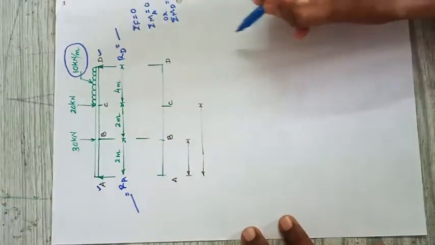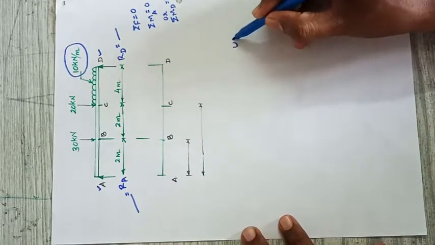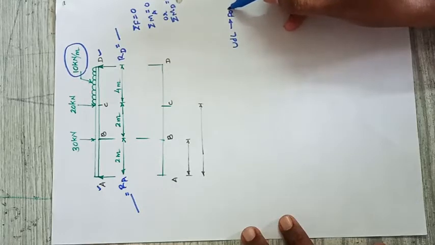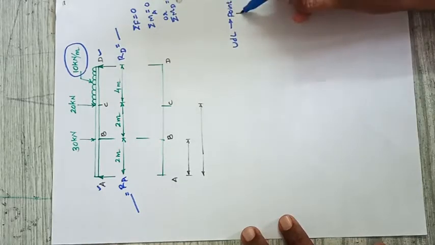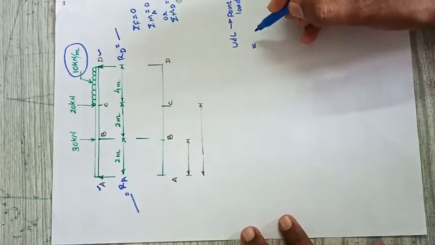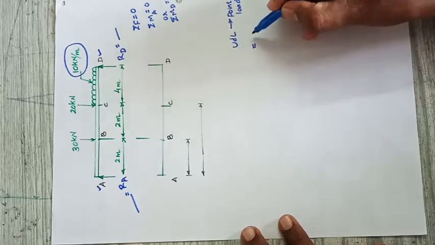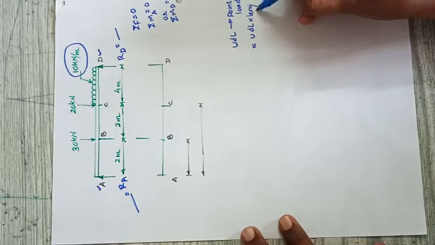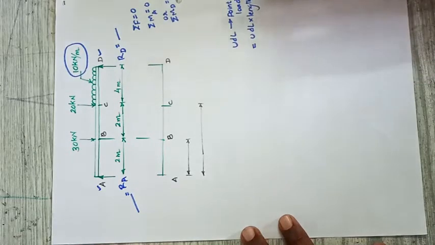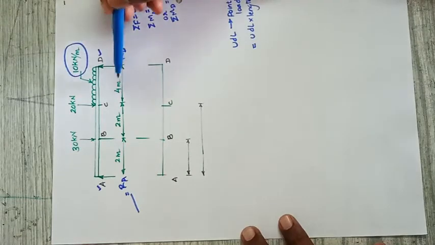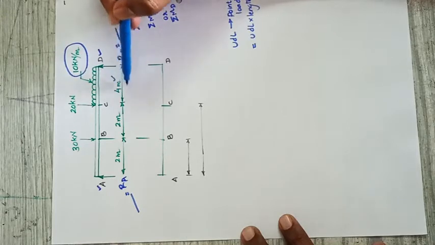So how to convert this? I will write here UDL to point load. The magnitude of the point load is the UDL into the length. Here this UDL of 10 kilonewton per meter is acting on a span of 4 meter.